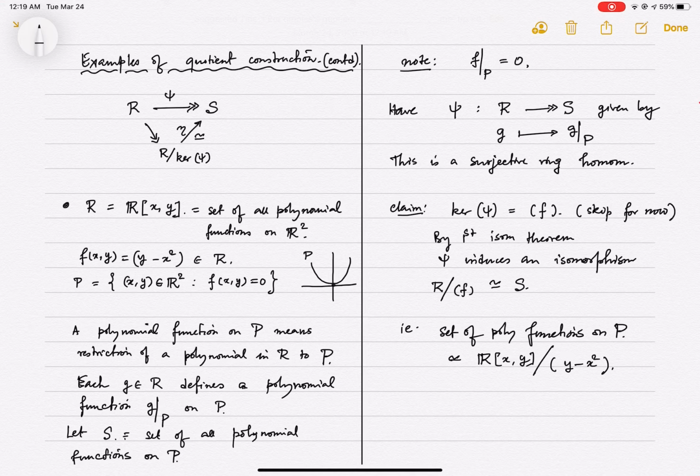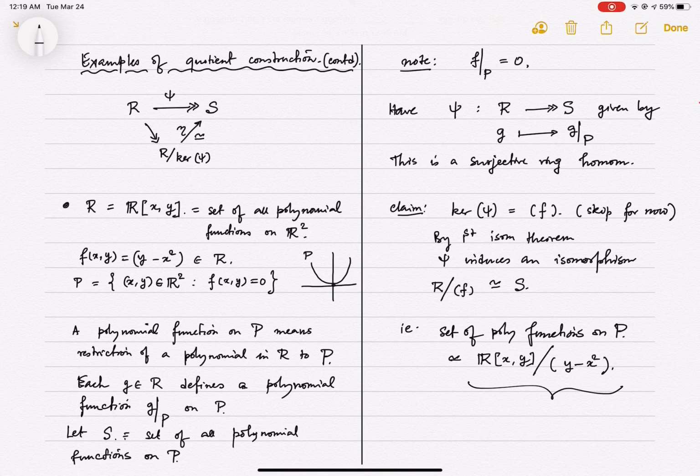And it turns out that studying these rings is a very, very powerful algebraic way to study geometric creatures like P. If you want to study the parabola P, a lot of properties of P are reflected in ring theoretic properties of this ring.